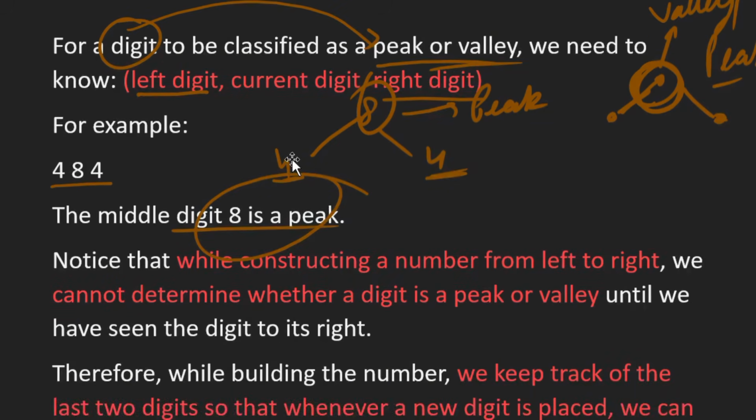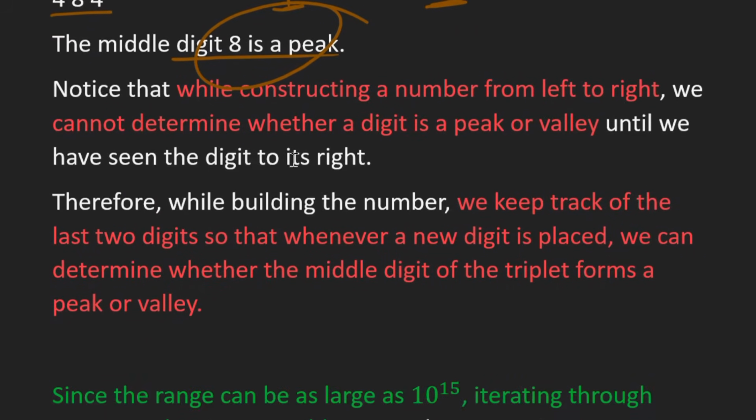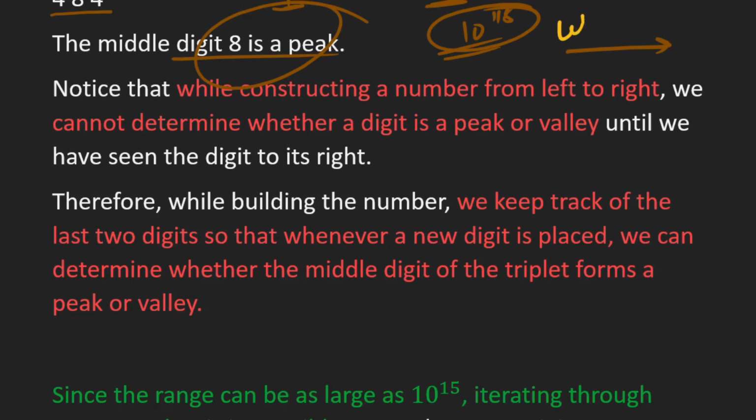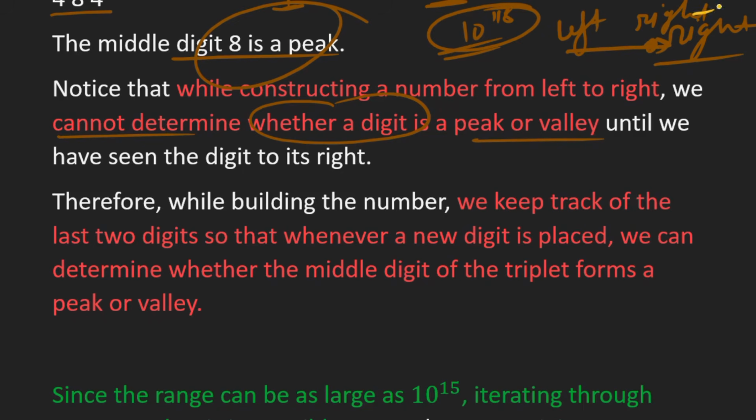Basically here we'll be using digit DP, due to the constraint of 10 to the power 15. We'll construct the number from left to right. But we cannot determine whether a digit is a peak or valley until we get its right digit, because we need both its left digit and right digit.